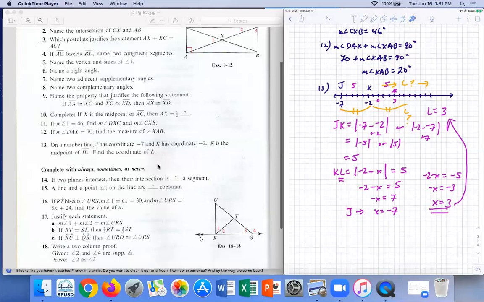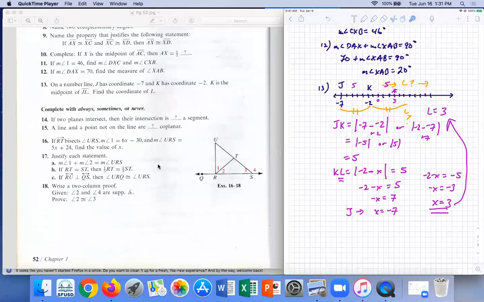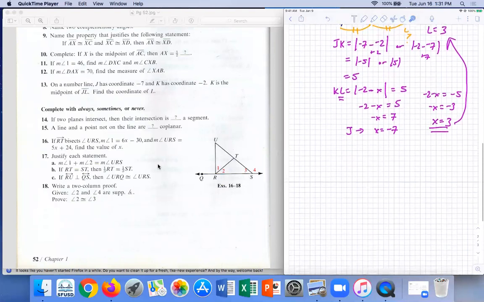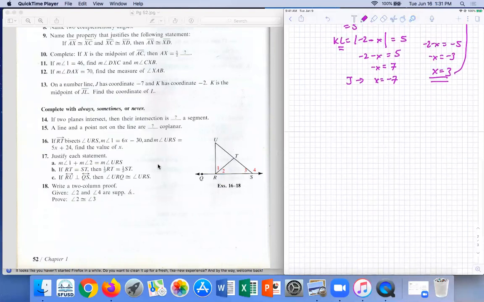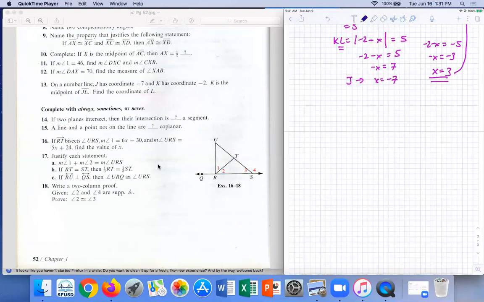All right, 14, continue. 14, complete with always, sometimes, or never, 14 and 15. So these are the conceptual problems, right? So let's see. 14 says, if 2 planes intersect, then their intersection is sometimes, always, or never a segment.